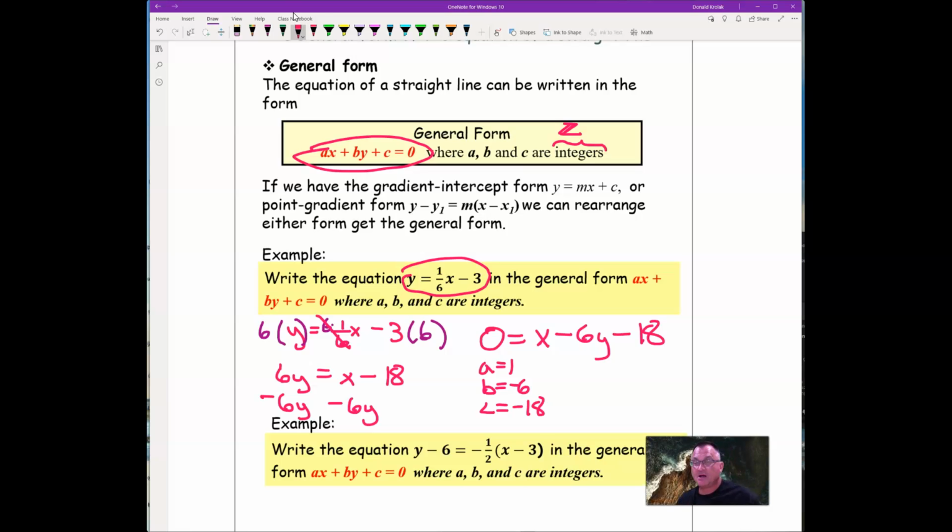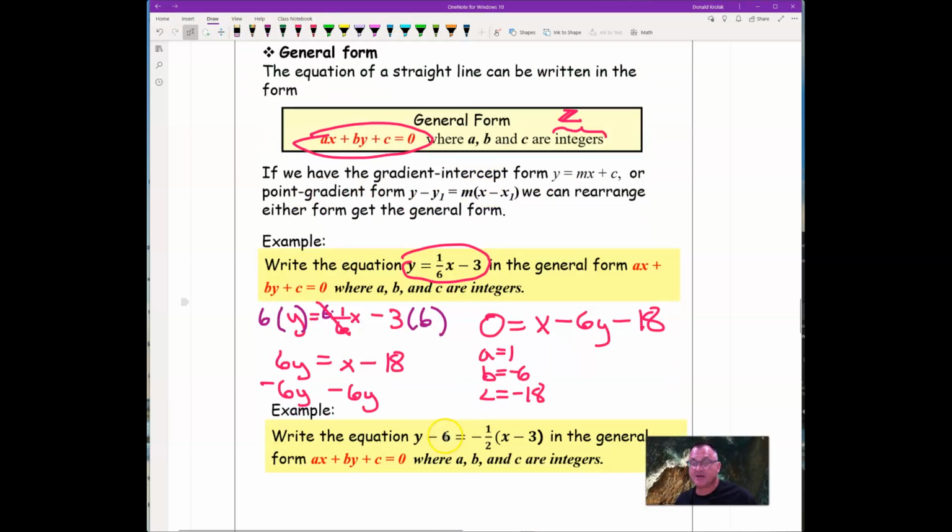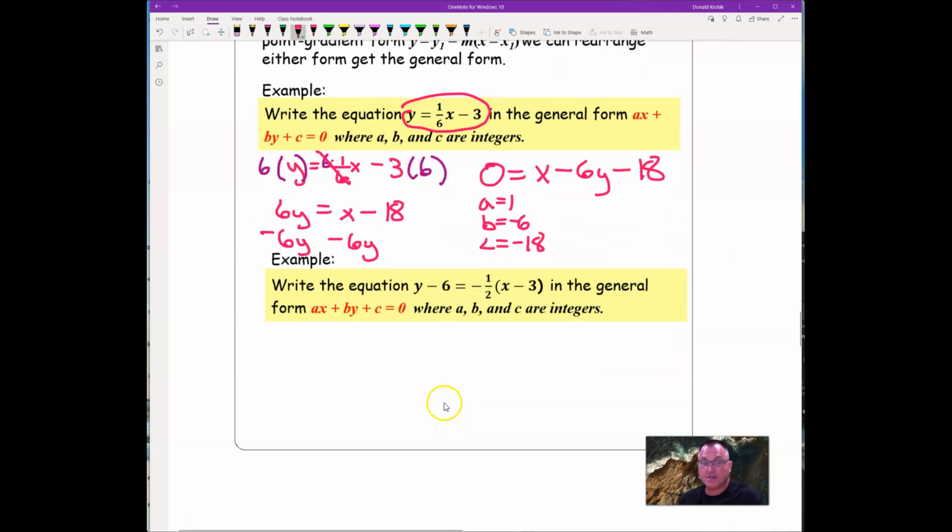Okay. All right, my next one is I've got it in point gradient form, and I want it in general form. Okay, same deal. I'm going to multiply everything in this one by 2. And that's going to get rid of that denominator. All right, so let's see.